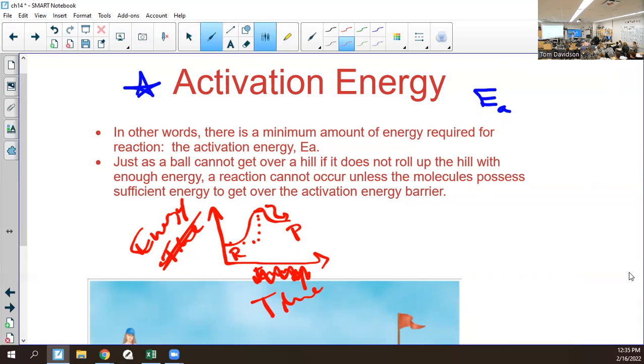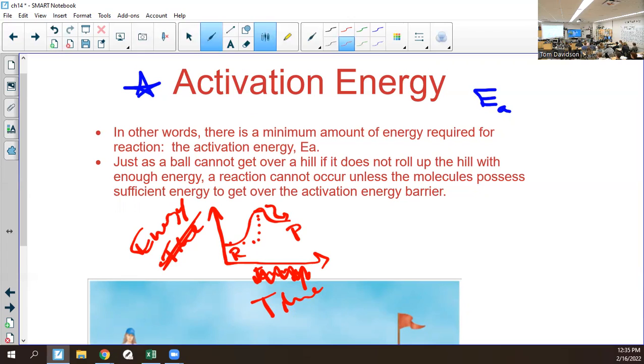We have to reach what's called the activation energy for a reaction to happen. Okay, so just as a ball cannot get over a hill if it does not roll up the hill with enough energy, it would just come back, right? A reaction cannot occur unless the molecules possess sufficient energy to get over the activation energy barrier.